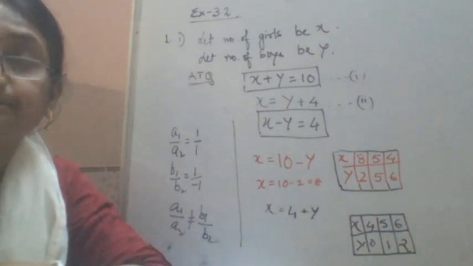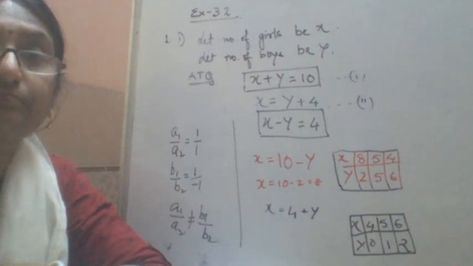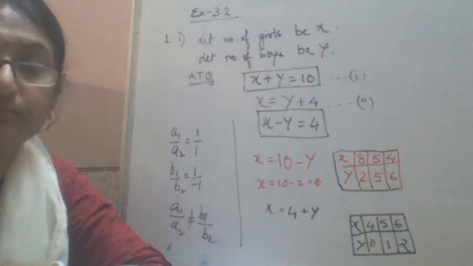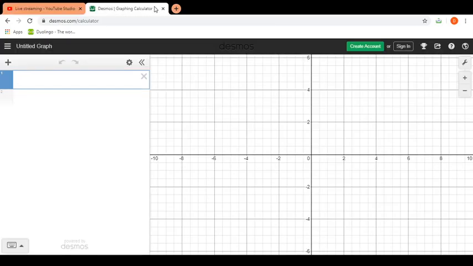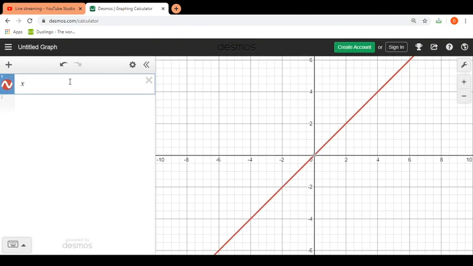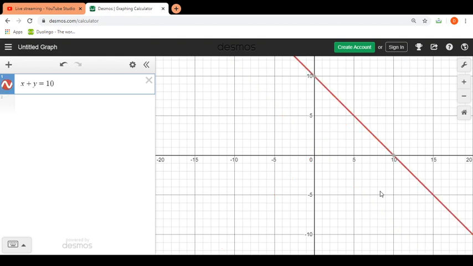Okay. So let me show you the graph. x plus y equal to 10.